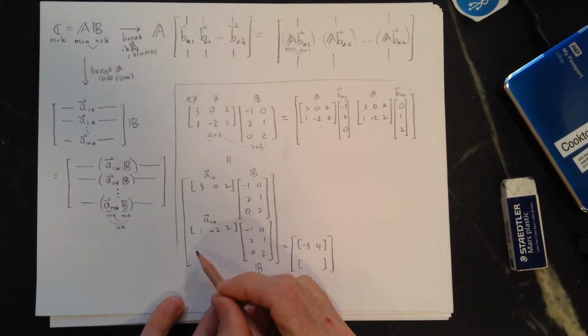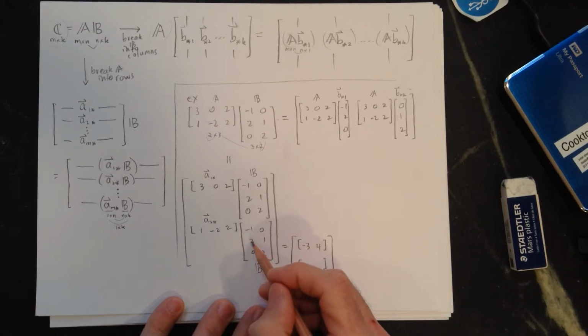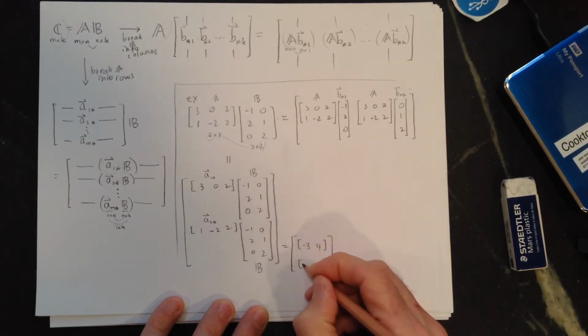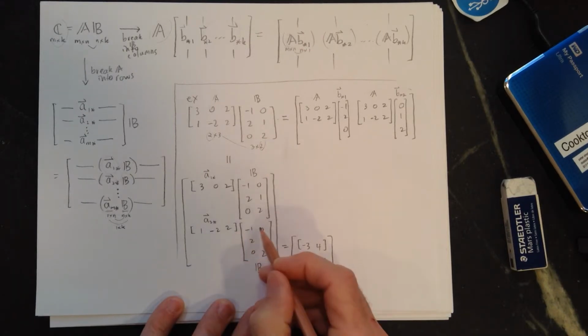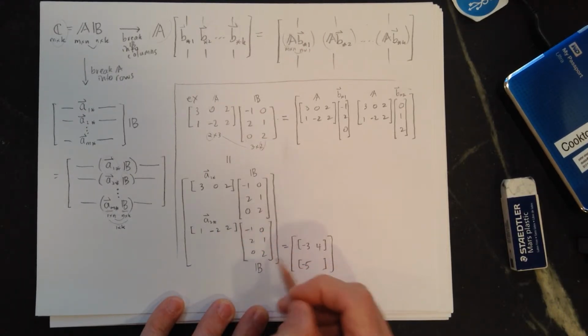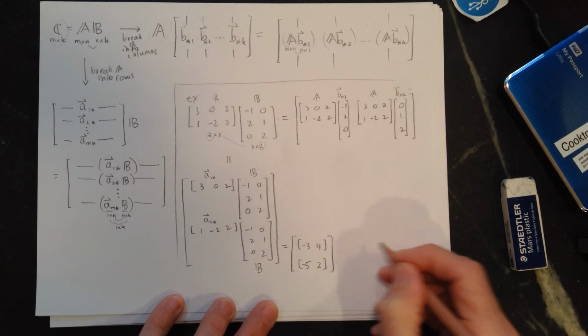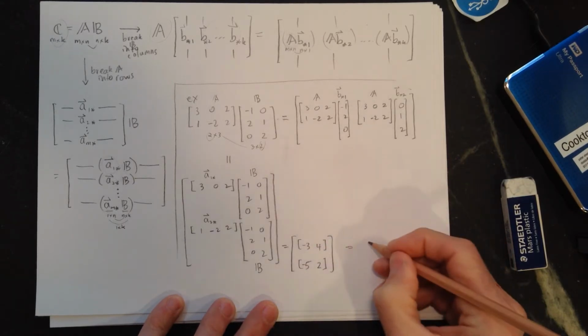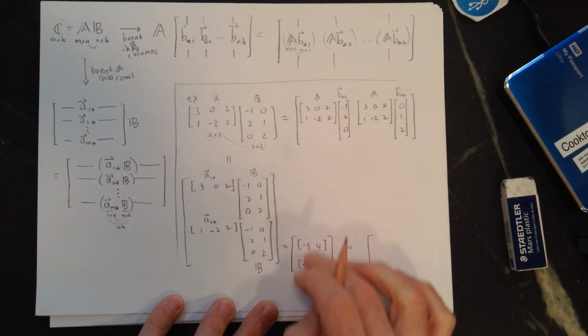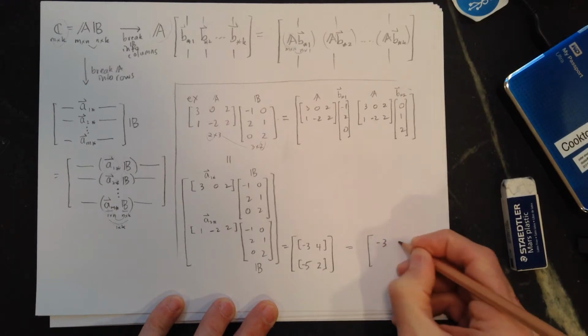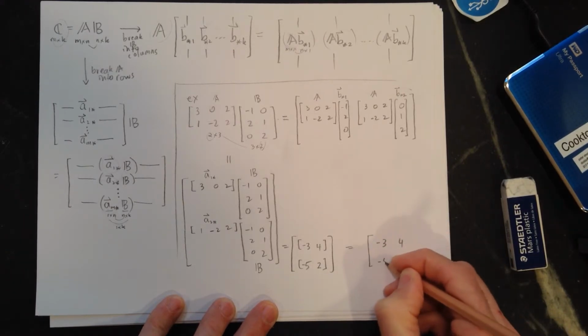This way, we're going to get minus 1, minus 4, and then a 0. So this is minus 5. And then we're going to get 1, minus 2, plus 4, so that's 2. So this equals, and we've created these row vectors, but we can think about this now again as a 2 by 2.